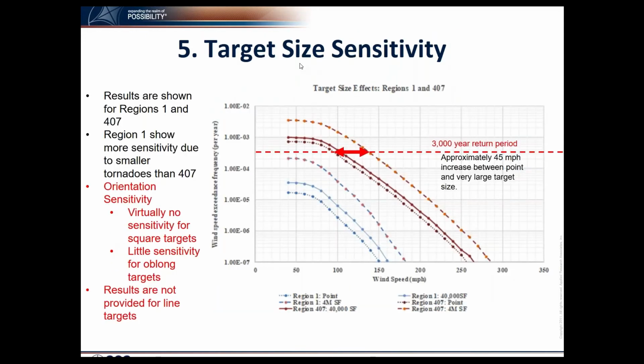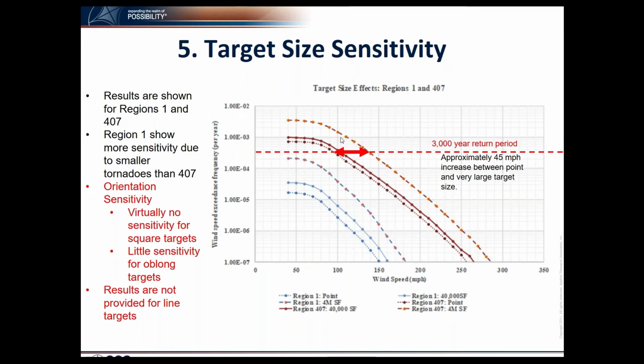This slide shows target size sensitivity. So we compared a point with a 40,000 square feet target, which is a 200 by 200 area target, and a 4 million square feet target. As you can see, the hazards are significantly higher when you are increasing the target size.